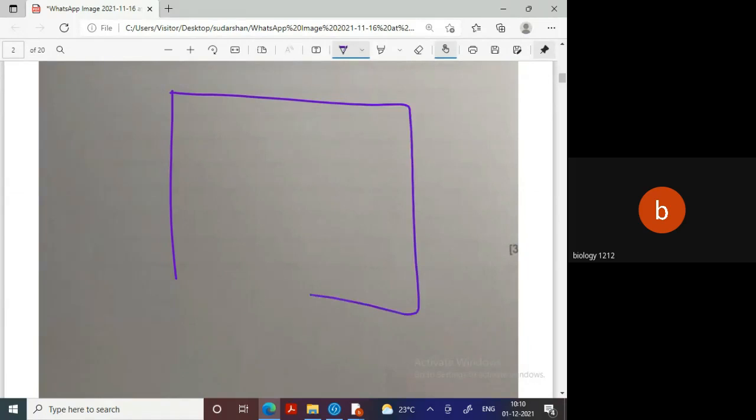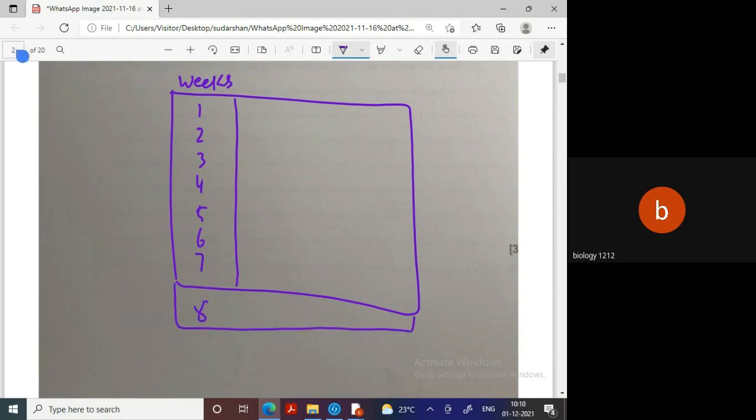So just mention here, when you are presenting data, draw a box. We have weeks here. So 1, 2, 3, 4, 5, 6, 7th, and one more column to go, 8th week. Now this is a pH range.